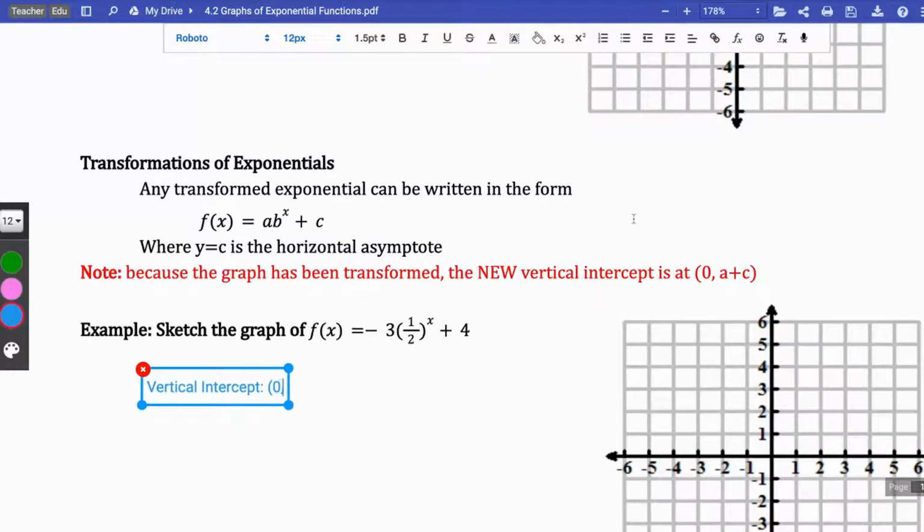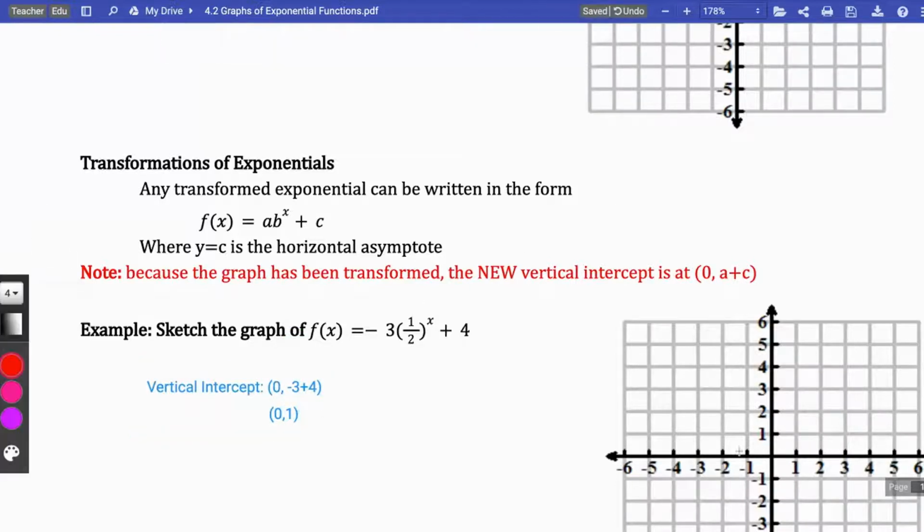So 0, and then we're going to have negative 3 plus 4, which is going to be at (0, 1). Okay, that is my vertical intercept. So let's go ahead and graph that. (0, 1). So my vertical intercept is at (0, 1) now.